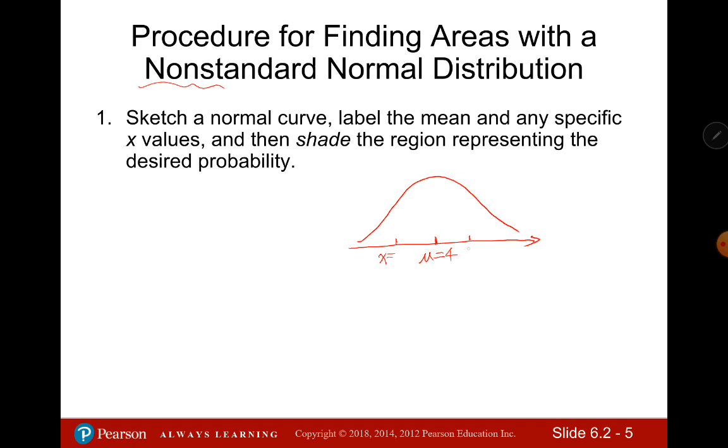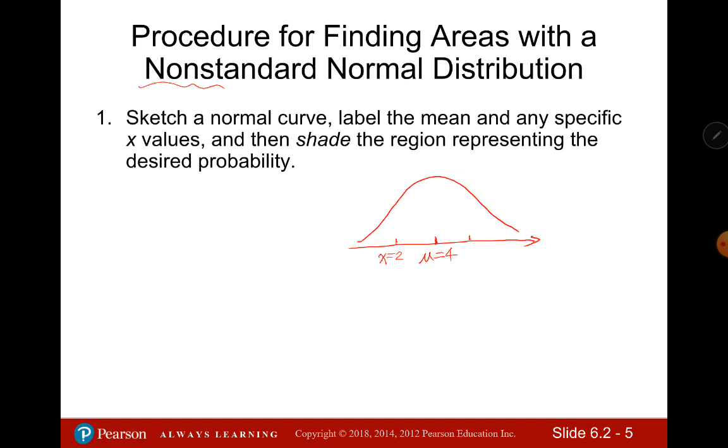So here x is smaller than mu, so obviously x is on the left side of the mu. This is how to sketch a curve: first, draw a bell-shaped curve, then label the mu in the middle, then label the x value. Make sure you know whether it should be on the left or the right of the mu.